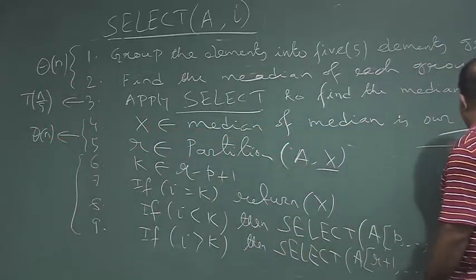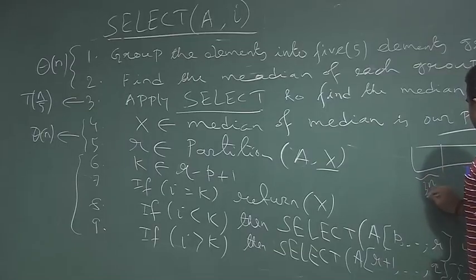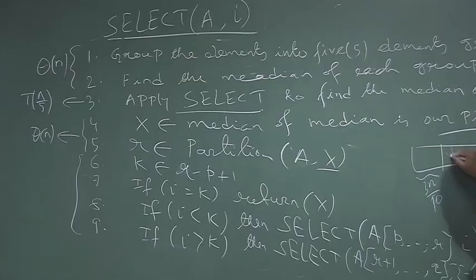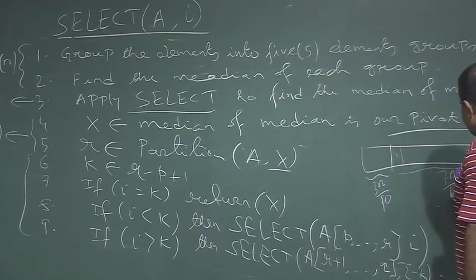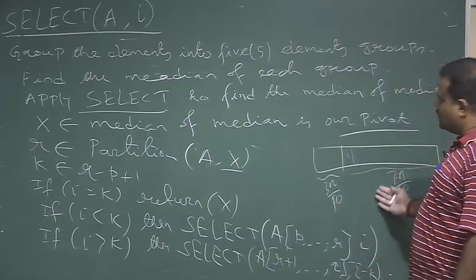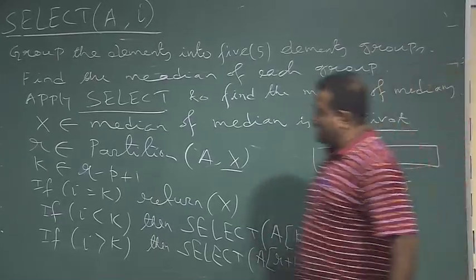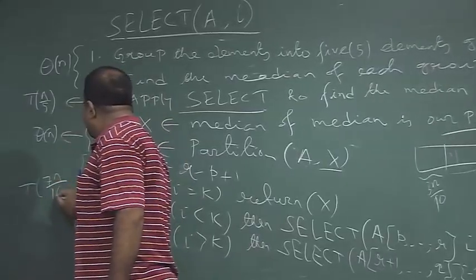This part is 3 n by 10. In the worst case we assume that x is sitting here, and here all the elements are 7 n by 10, and since we are looking at worst case analysis, we have to look into this sub array. So, this is basically T of 7 n by 10.